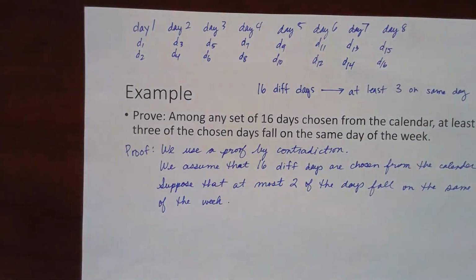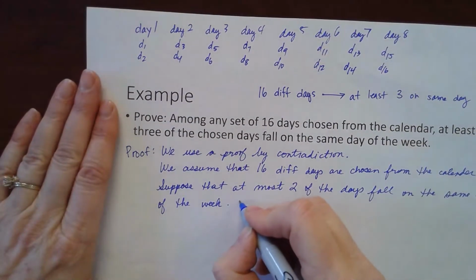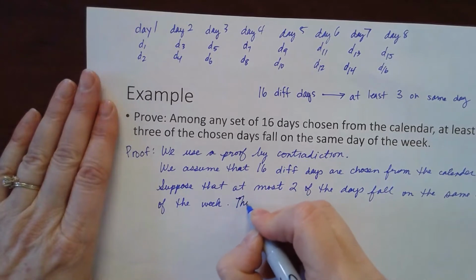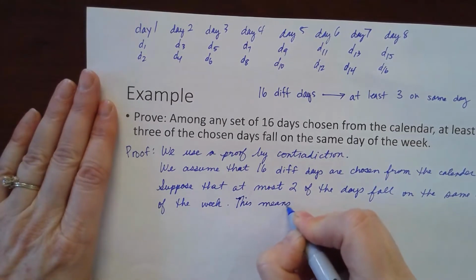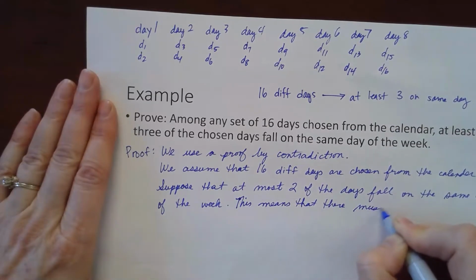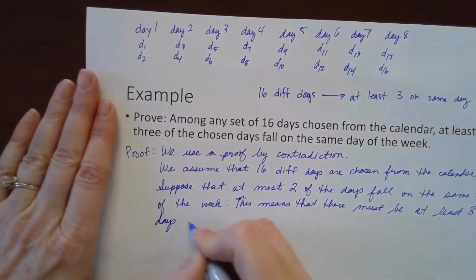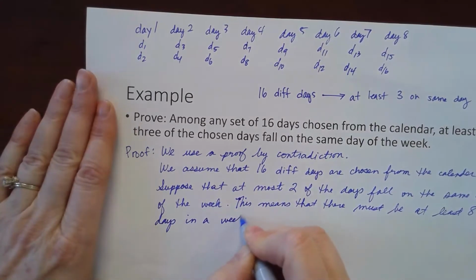So if I can have at most 2 on any day of the week, then at least how many days must be in a week? There must be 8 days in a week. This means that there must be at least 8 days in a week.